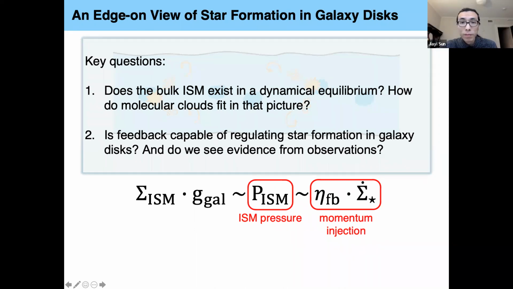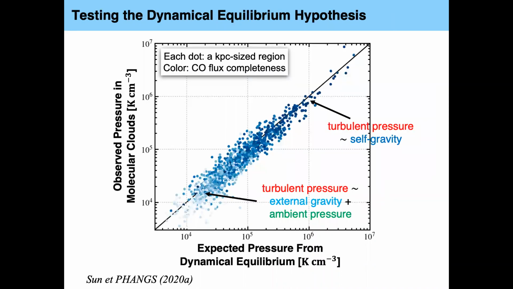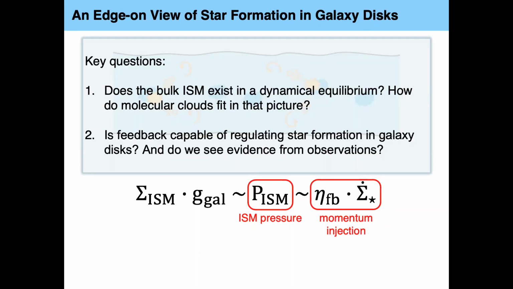I want to go back to the question about dynamical equilibrium, and particularly the case of feedback. In the Milky Way, most of the stars are forming inside the molecular ring at around 5 kiloparsecs or thereabouts. And inside of about 7 kiloparsecs, the gas is totally dominated, in fact, by the molecular gas, not the atomic gas.